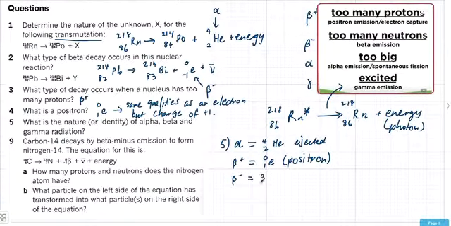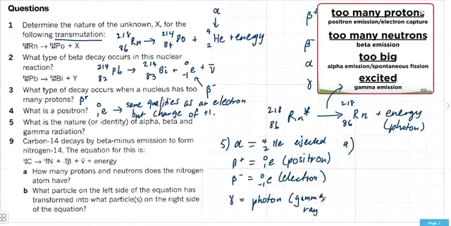And beta minus is an electron that's ejected plus energy. Okay, cool. So they're the things that are ejected. Oh, and the last one is gamma ray. That's a photon of energy, pure energy that's released.